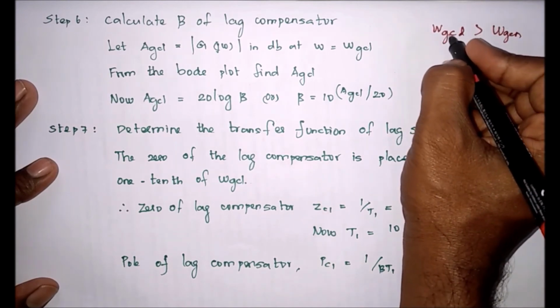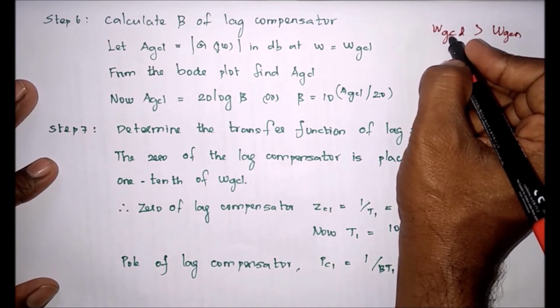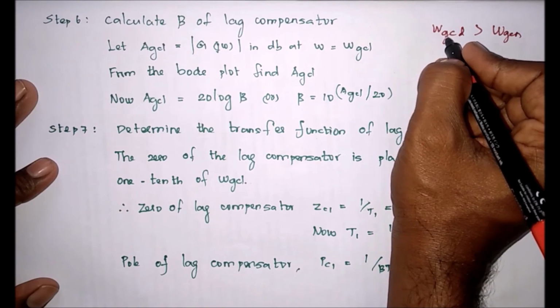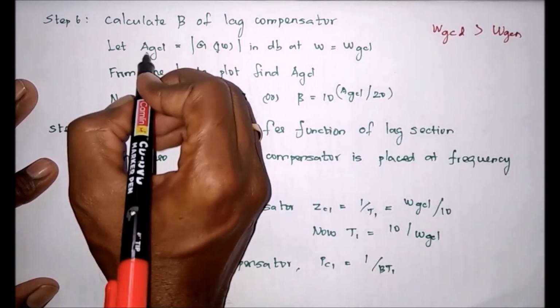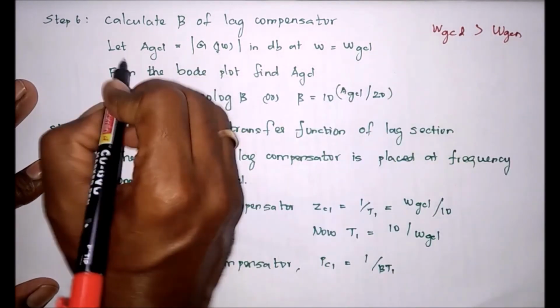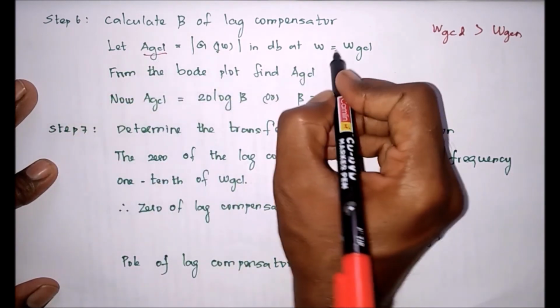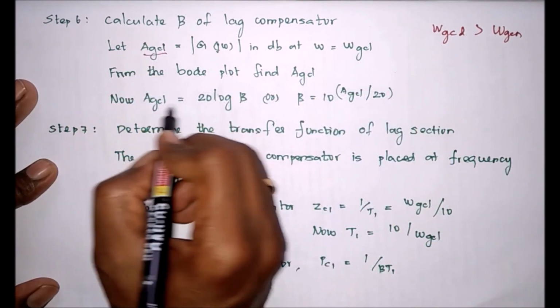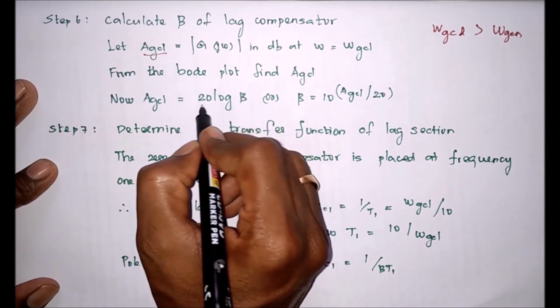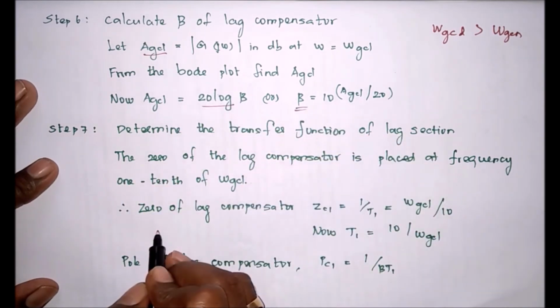For this frequency we have to find the magnitude in decibels from the Bode plot. That gain in decibels is equal to 20 log beta. From this we can easily calculate beta.